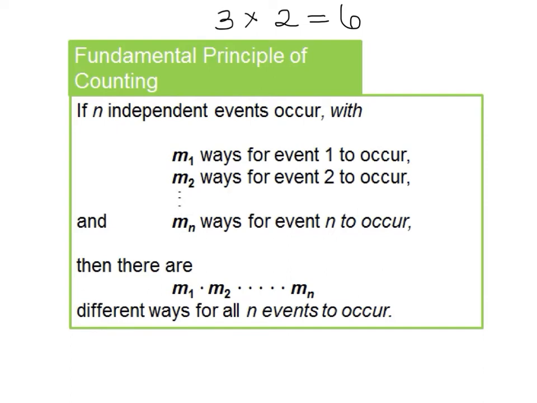Pretty much what it's saying is, if there's this many ways for the first event to occur, the first event would be Albany to Baker, and this many ways for the second event to occur, the second event would be Baker to Crestwich, then essentially all you have to do is multiply all those ways together to find out the different ways for all of those events to occur.